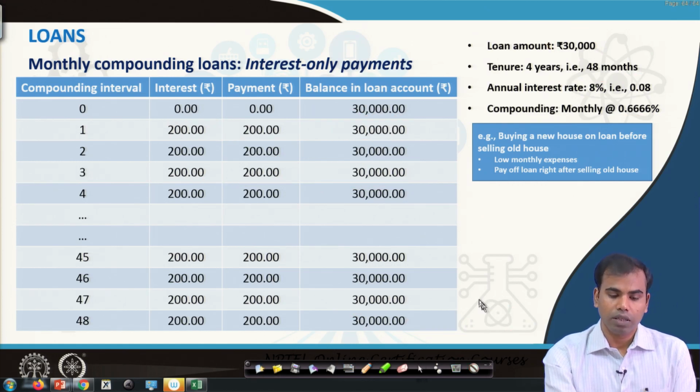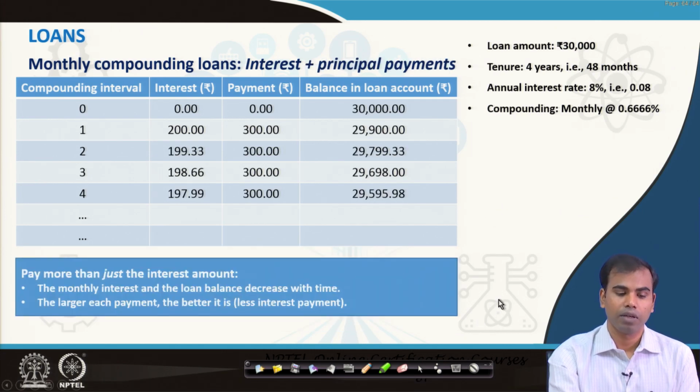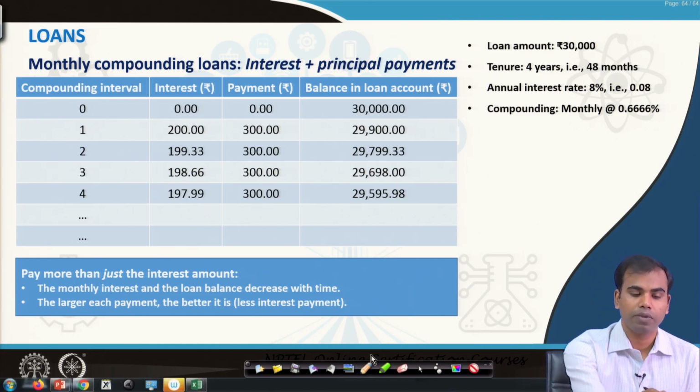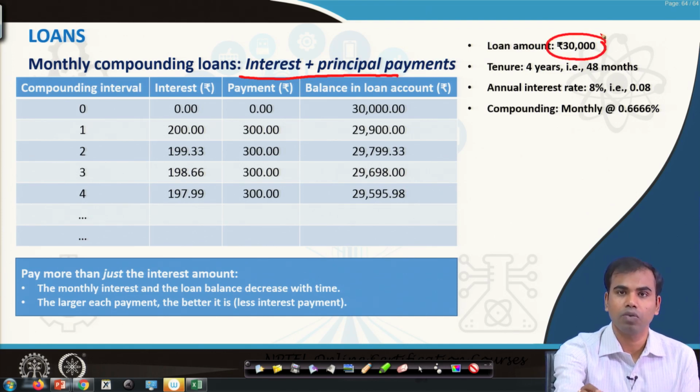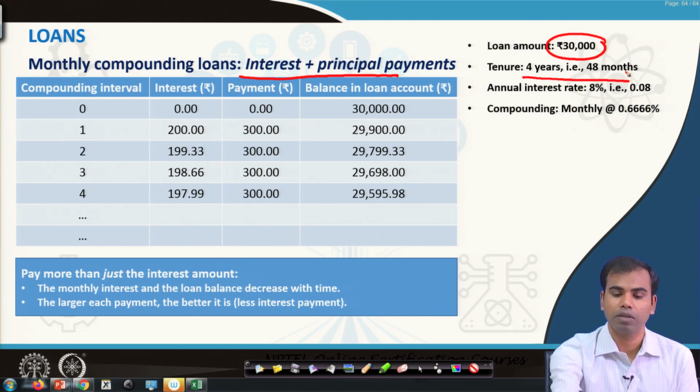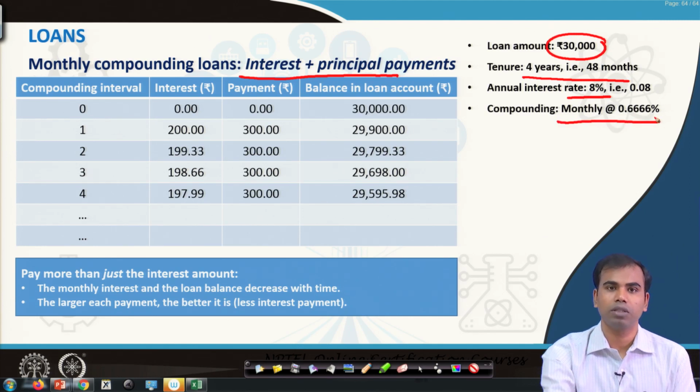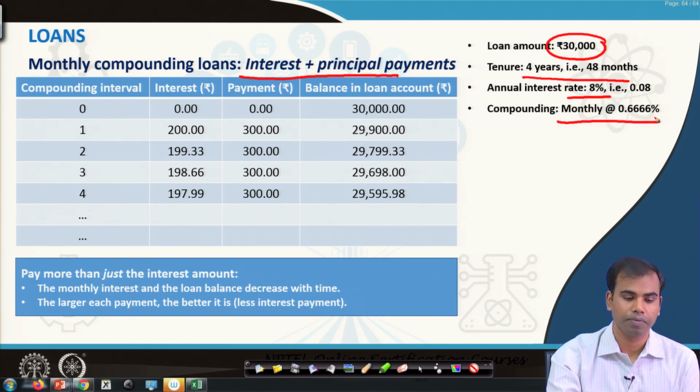Another example is when you try to pay more than what the interest charges are. So, in this scenario, I try to explain interest and principal payment. Suppose the scenario is the same: 30,000 loan account, 4 years, that is 48 months, 8% interest rate, monthly compounding at 0.6666%.